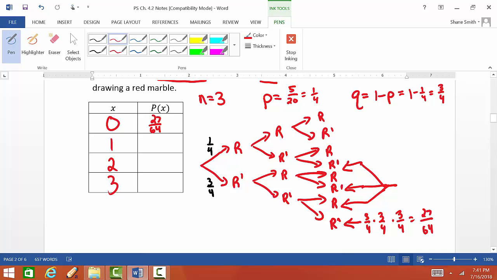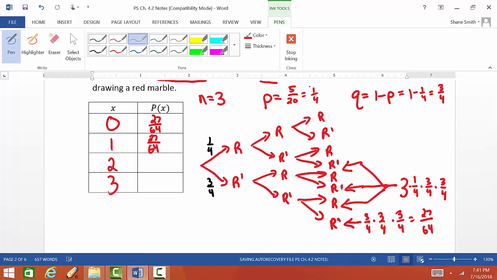Well, in all of those paths, you're multiplying a 1/4 because there's 1 red marble and two 3/4. But how many of those paths are there? Well, there was 3. So we take this and we multiply by 3. And the answer to exactly 1 red marble is also 27 over 64.